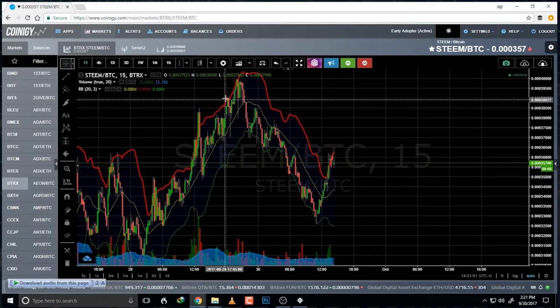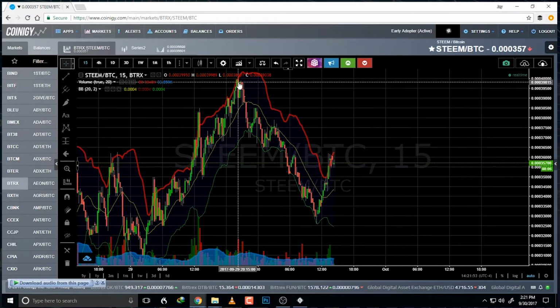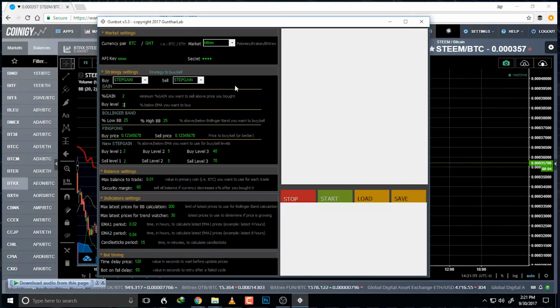So what it does is the bot, when you're dealing with the settings here in Bollinger Band, so if I set this to Bollinger Band, when you set these to Bollinger Band, in this setting it's saying the percent low and the percent high of the Bollinger Band that you want to buy, or above the low and below the high.